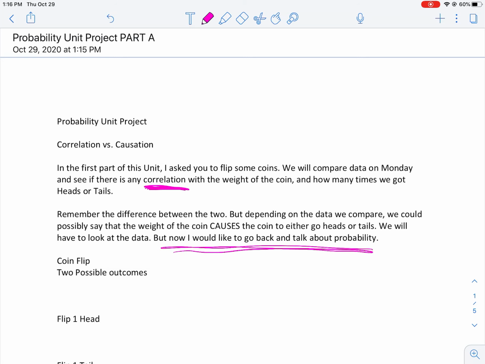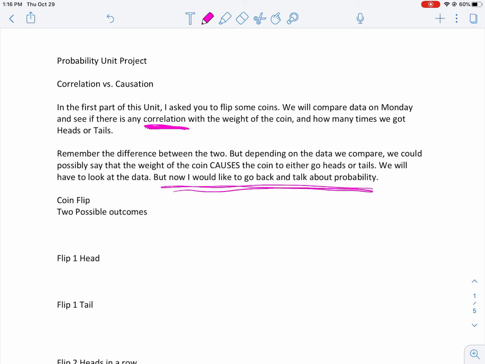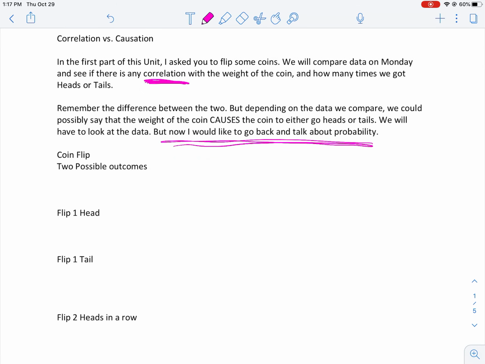So we'll have a look at that data, and now we'll go back and talk about probability. The whole point of this unit was to get you looking at some probability things. So, coin flip. When you see probability, a lot of times it looks like this: probability of, let's say, heads, or probability of tails.